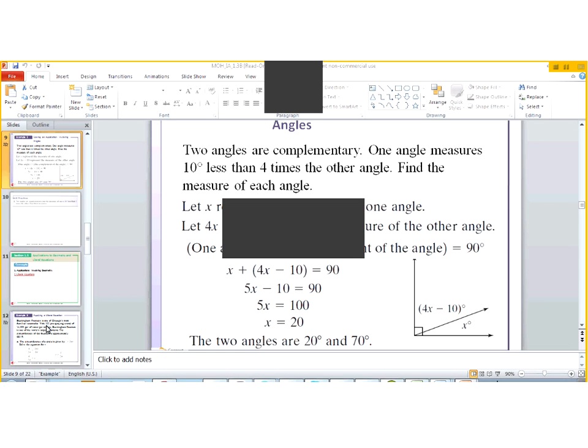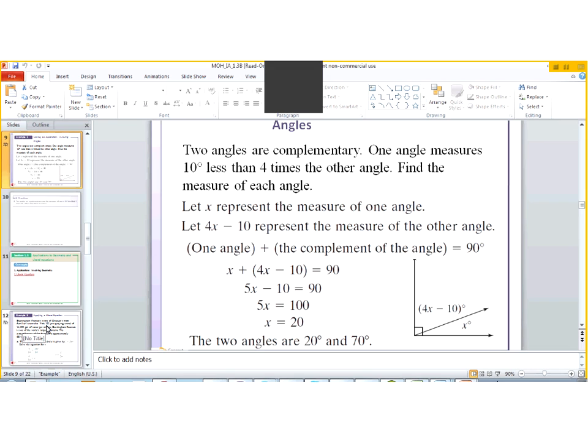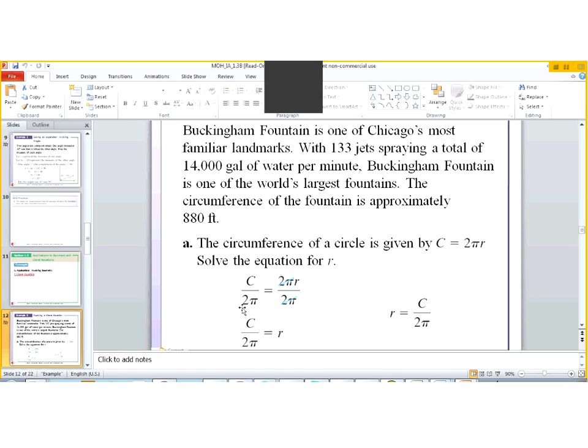All right, so another kind of problems that you're going to see is this kind. If I give you an equation, like in this case we have C is equal to 2 pi r, you want to solve for r. So if you have an equation involving more than one variable, see how we have, in this case, circumference of the circle is equal to 2 times pi times r. If we were going to solve for r, all you do is you treat the other variables as a constant or a number.